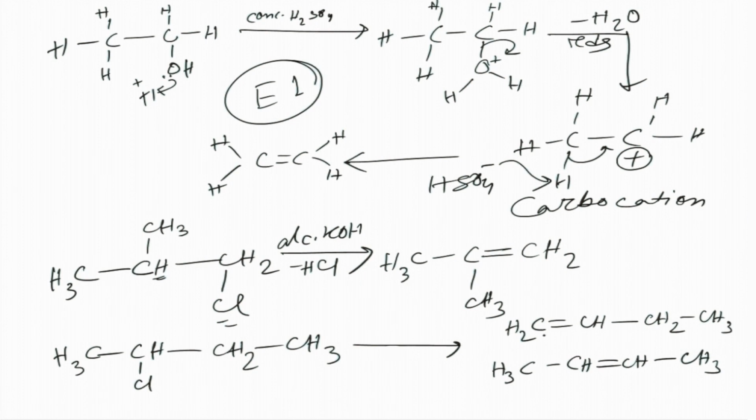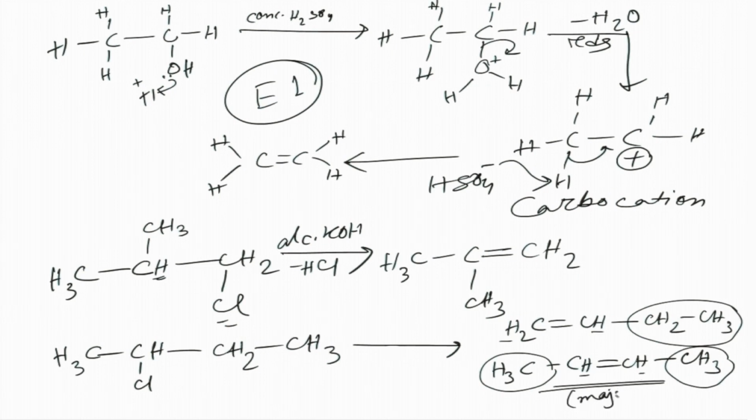In this case, in the double bonded carbons we see only one alkyl group and 3 hydrogens, but in this case there are 2 hydrogens and 2 alkyl groups. So, this product is more substituted. So, this is the major product according to the Saytzeff rule. Let us see one more example.